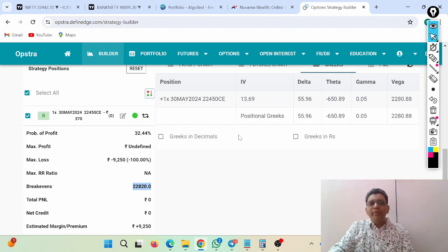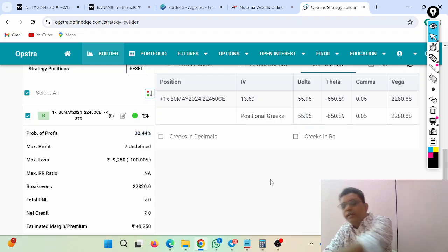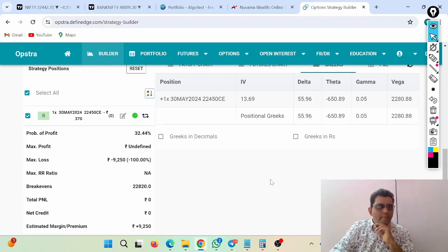That's why you may see the difference between probability of profit and the delta over here. Now theoretically, in order to understand the concept, we need to do all these things, what we call monkey testing. If you do this kind of monkey testing, then only we will understand the concept well.